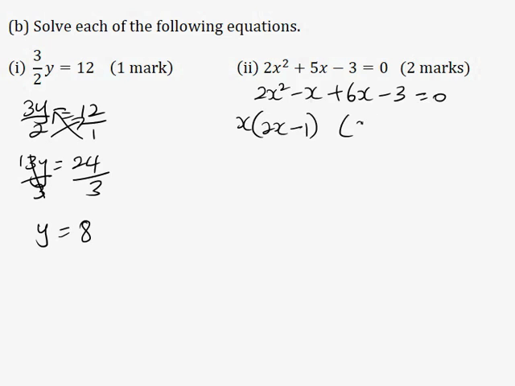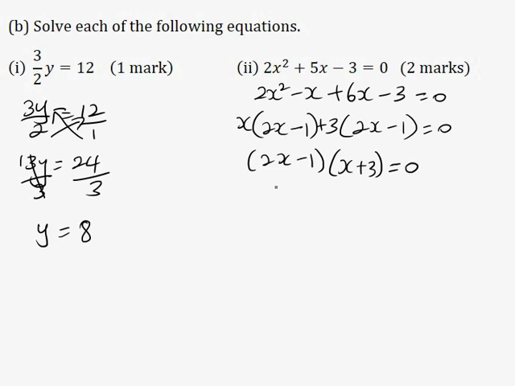Repeating the brackets here. 2x minus 1, this is equal to 0. Positive 6x divided by 2x here is positive 3. Positive 3 multiplied by minus 1 is minus 3. Factorizing all the brackets here, this is 2x minus 1, and we remain here with x plus 3 that we'll place in a bracket.